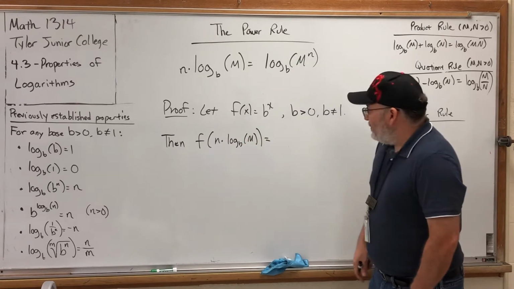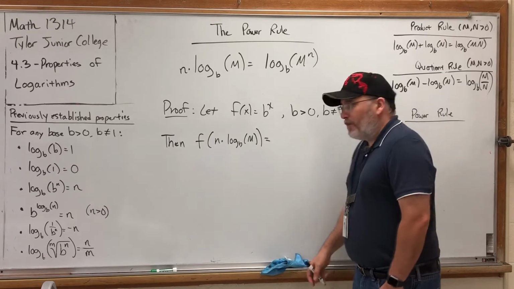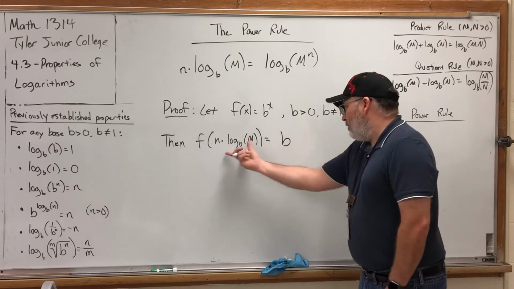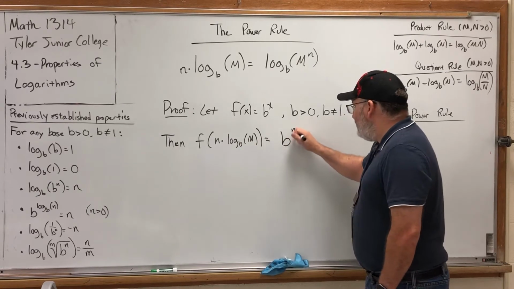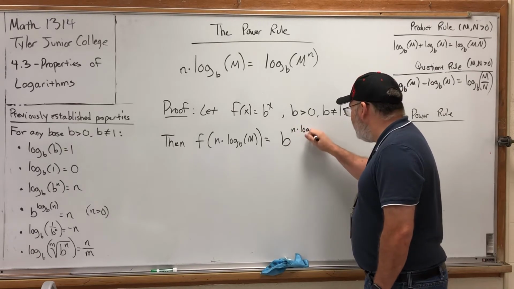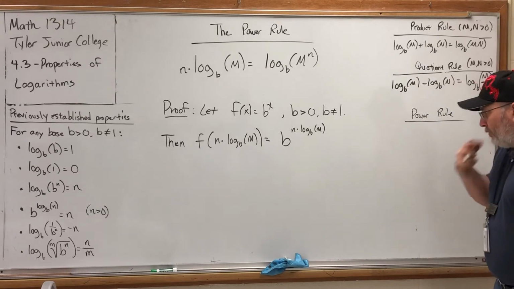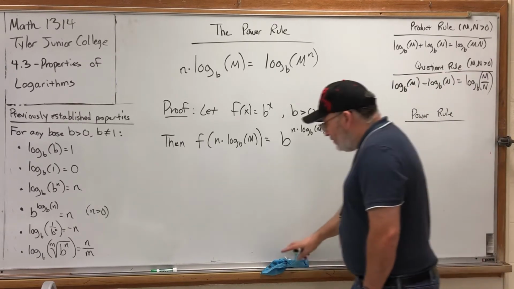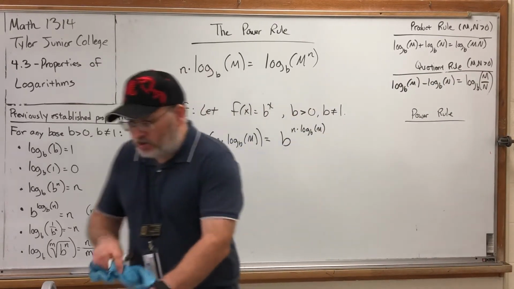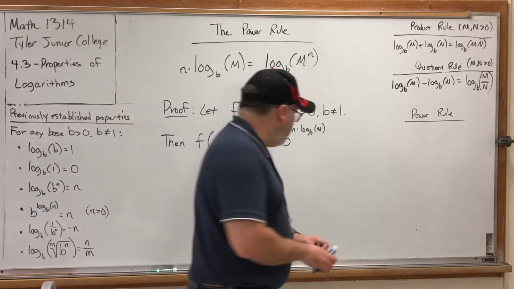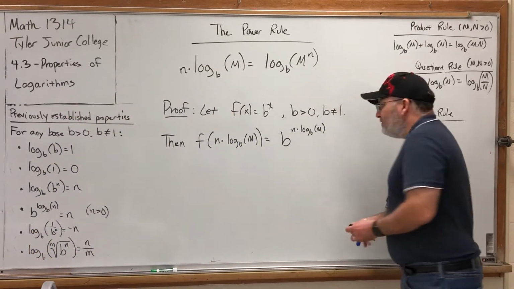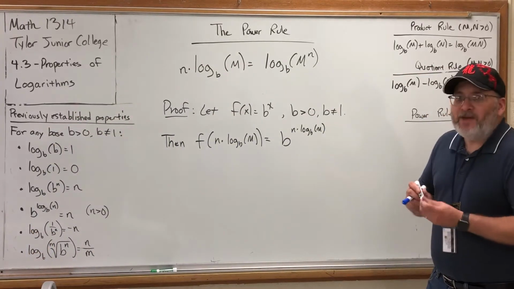This function says give me something and I'll stick it on the b as an exponent. Okay, stick all that in the exponent. B to the n times log base b of m power. And now in order to simplify this, this is where you would analyze the structure of this expression and see if we have a previously existing rule that allows us to manipulate it.